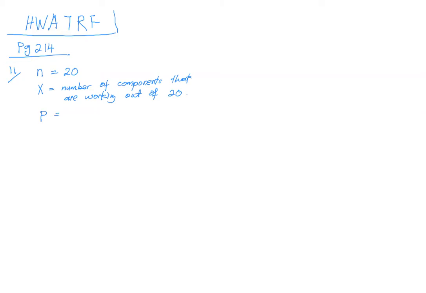That means the probability of a component working in a year.